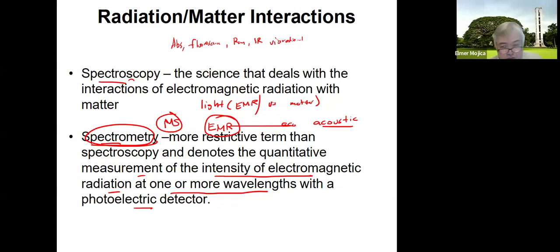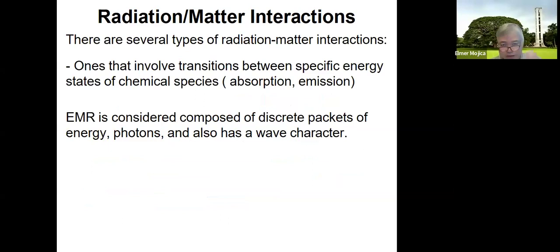Now, if you're going to look at this radiation matter interaction, which is mostly the one that we'll be focusing on as the semester goes on, we could say there are several types. So one that involves transitions between specific energy states of chemical species, the ones we have are absorption and emission.